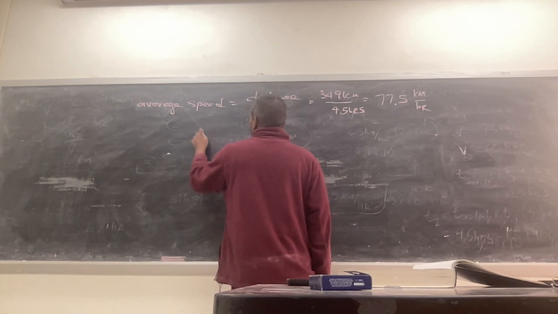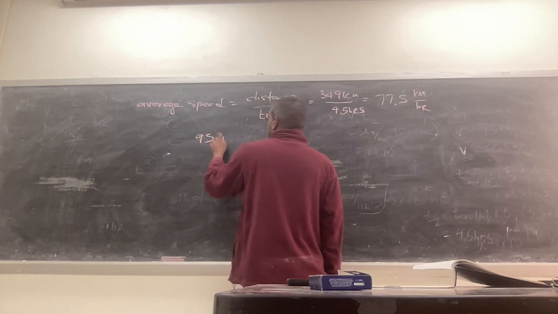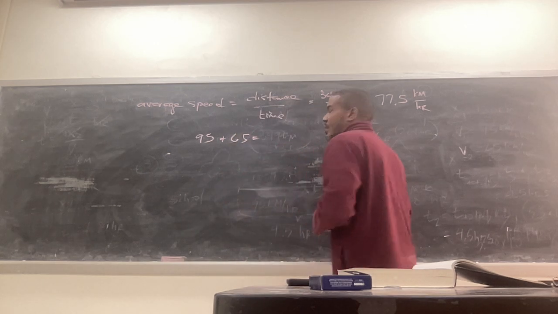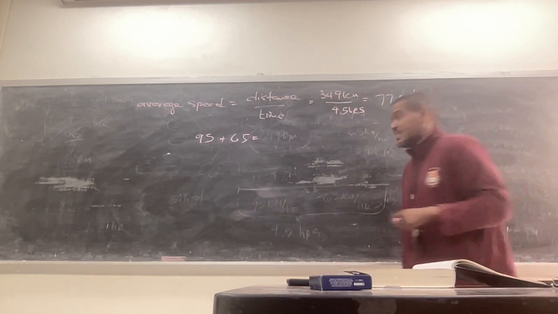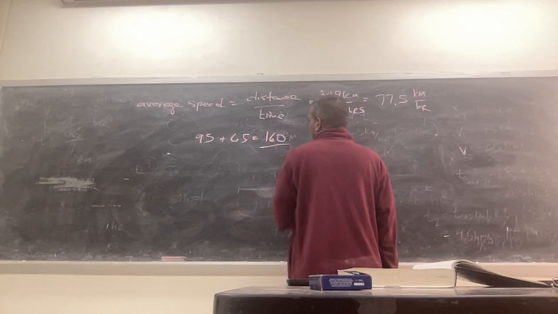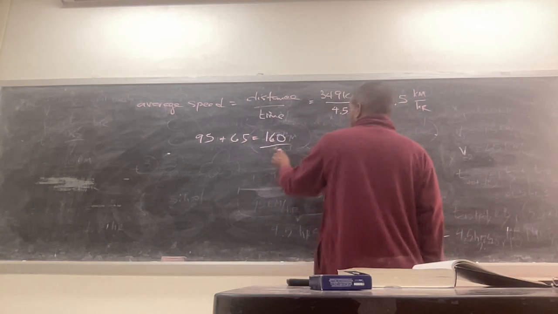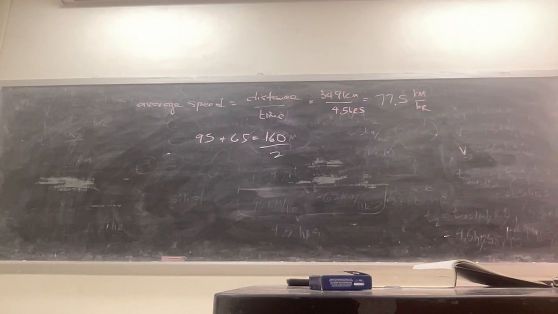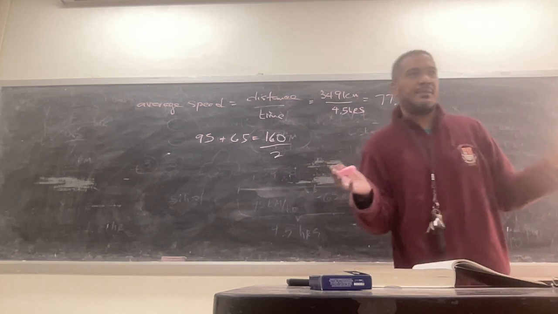What was it? 95 plus 65 is what? 160. 160, and then that's divided by what? 2, right? So when we talk about average, that's the whole point about average, right? 77 and 80, same thing.